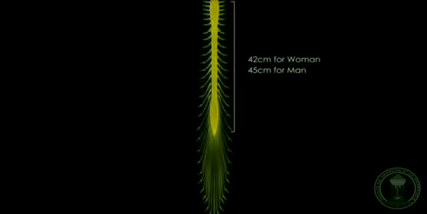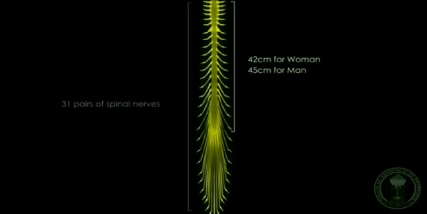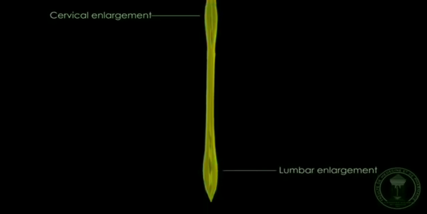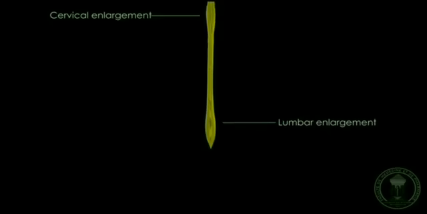Externally, it appears as a long cylindrical rod of 42 to 45 cm. It is broad at its anterior end and gradually tapers into conus medullaris. Spinal cord shows 2 swellings along its length called cervical and lumbar swelling.